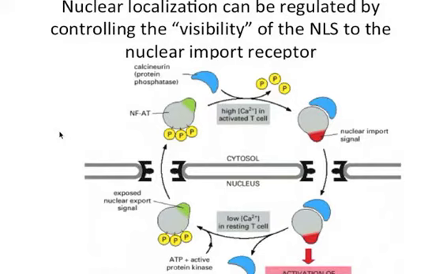So the nuclear export signal will be exposed, and then it will be exported out of the nucleus. And that's a very nice way to regulate gene expression. Allow your transcription factor into the nucleus by allowing access to the NLS, and then under other conditions, phosphorylate that NLS and allow exposure of the nuclear export signal, and then it can go out.